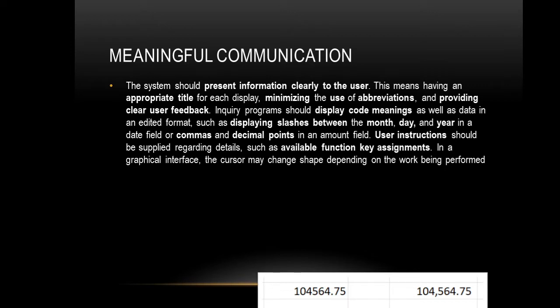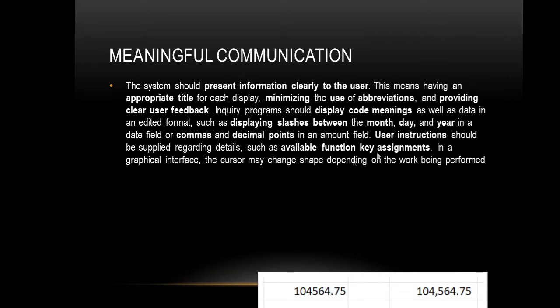Inquiry programs should display code meanings as well as data in an edited format, such as displaying slashes between the month, day, and year in date fields, or commas and decimal points in an amount field, as shown in this figure. So you can say that this one is better. It can be understood easily by the user rather than this format.